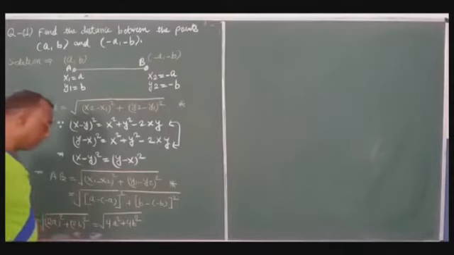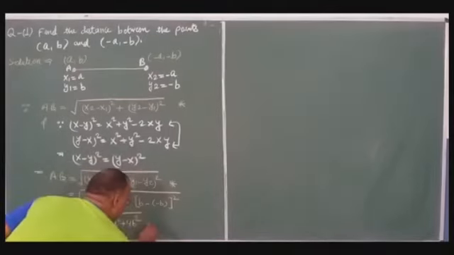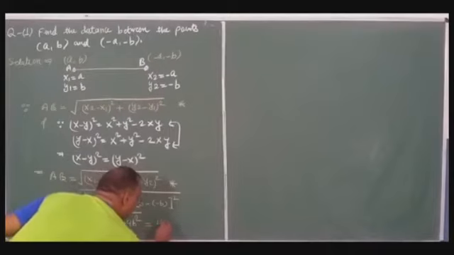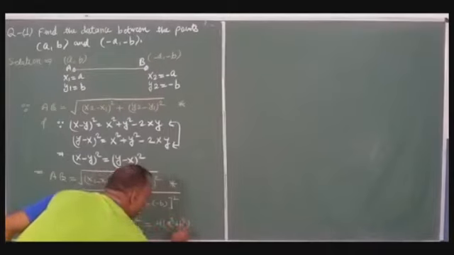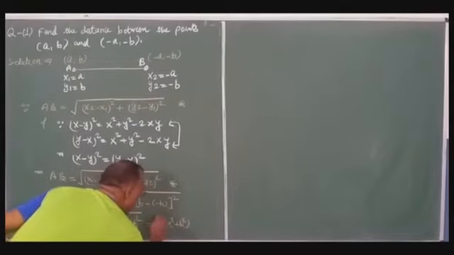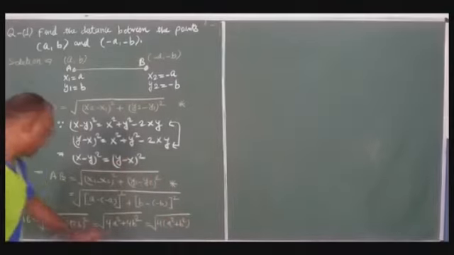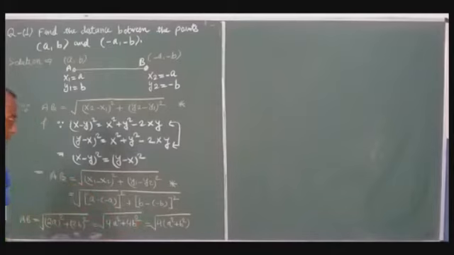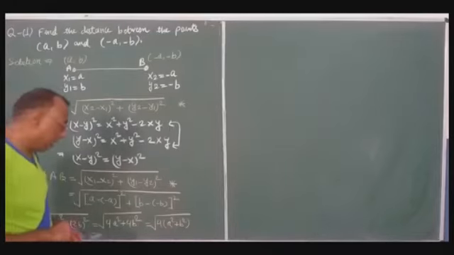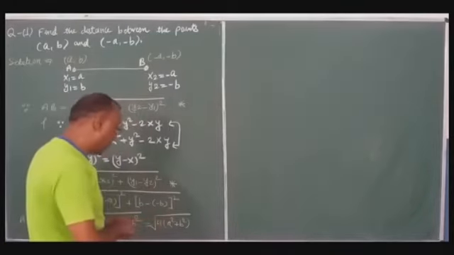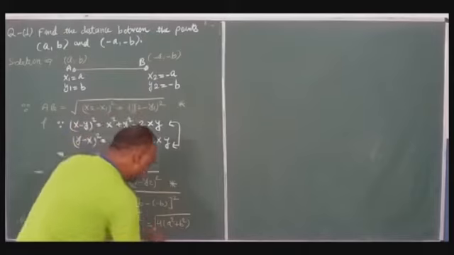4 we can take outside. What will happen? 4 times A square plus B square. And when this 4 comes outside, it becomes 2 under root.